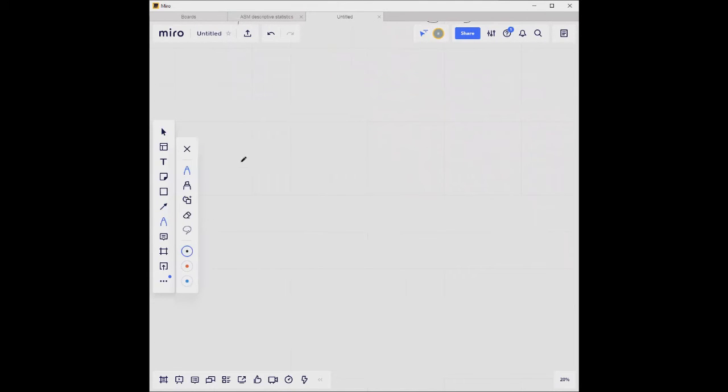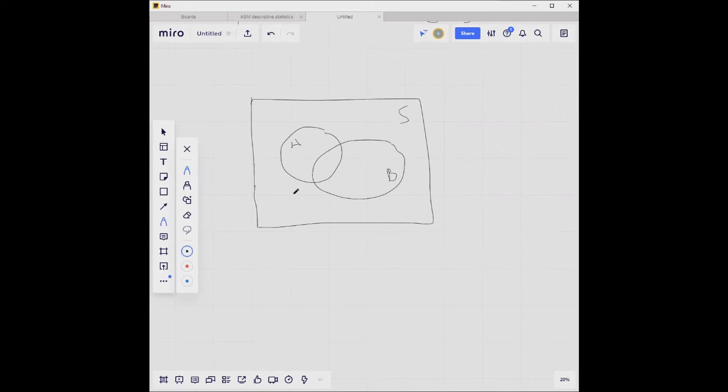Let's take a look at the following Venn diagram. Let's assume we have event A here, event B. Now let's take a look at event A. We can define event A as the union of A intersection B, so this red area, union with A intersection with B complement, which is defined as the blue area here.